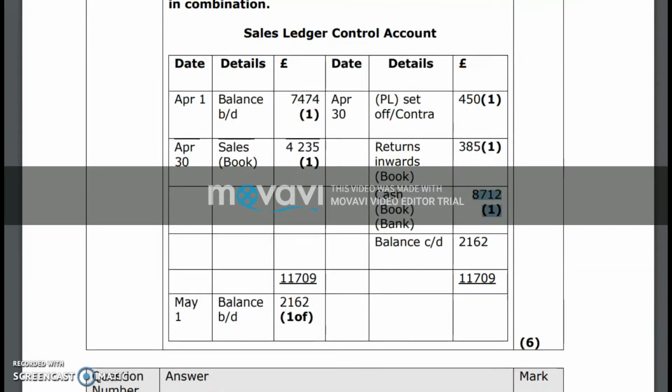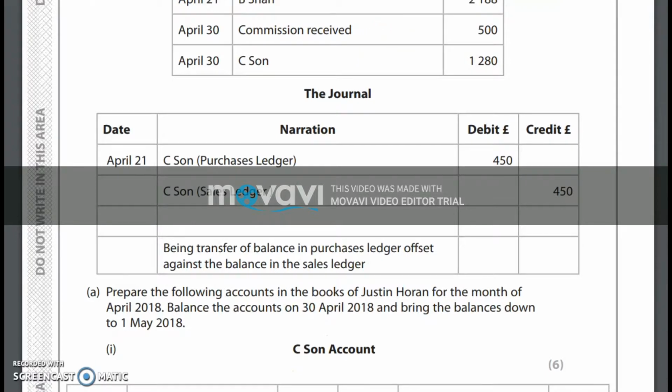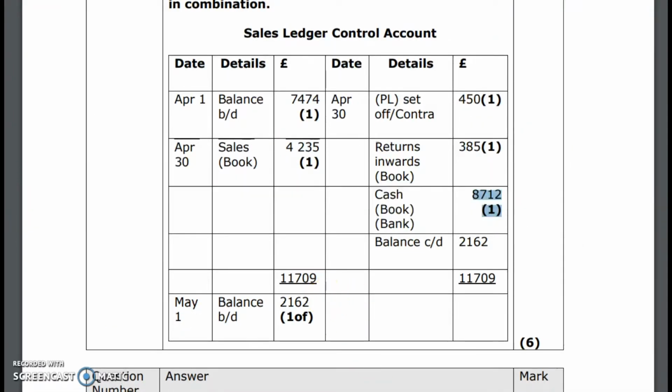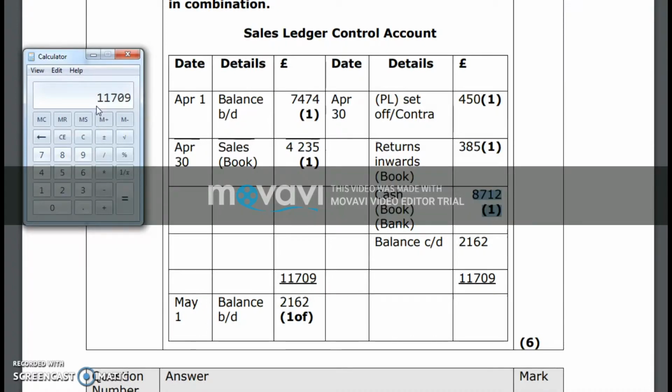After entering all of these transactions, since we have no more to enter, we have to get the totals of both the debit and credit sides. So when we take the total of the debit side, we get 7474 plus 4235, which gives us 11709.